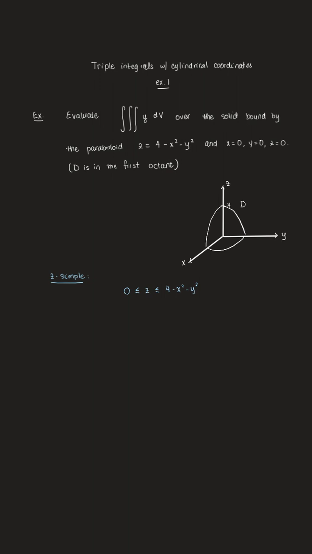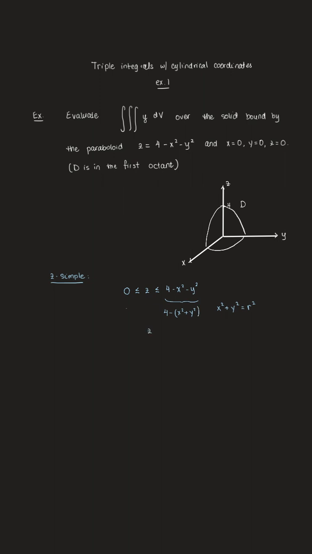We can go ahead and change the bounds for z now into polar coordinates because we will have to do that eventually. We can use the identity that x squared plus y squared equals r squared, and consider the paraboloid 4 minus x squared minus y squared as 4 minus (x squared plus y squared).